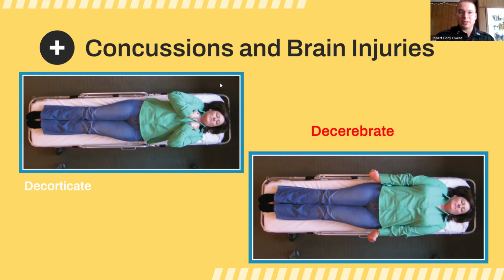The reason it's in red is that if they posture outwards more, that's a worse sign showing the brainstem is affected. It could be torn, severed, or just swollen. The brainstem controls the breathing, and of course, if the breathing goes, the heart goes. So the more deadly the posturing, the more it needs a response now.